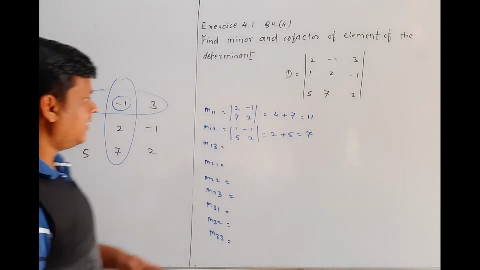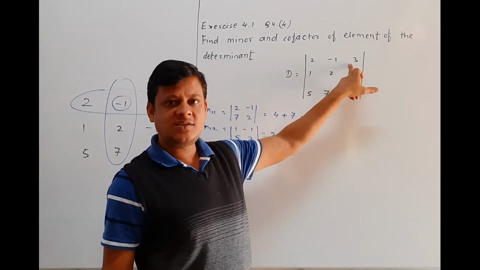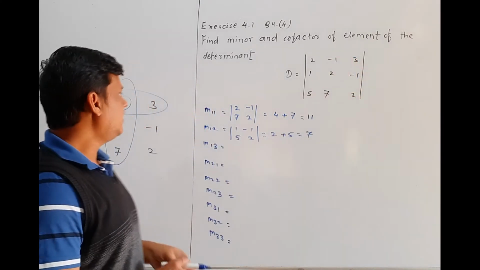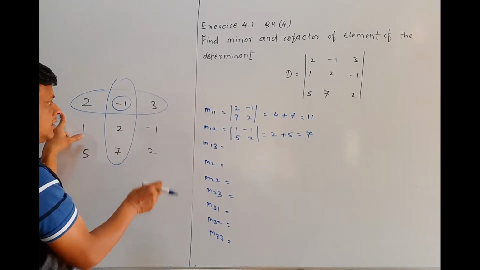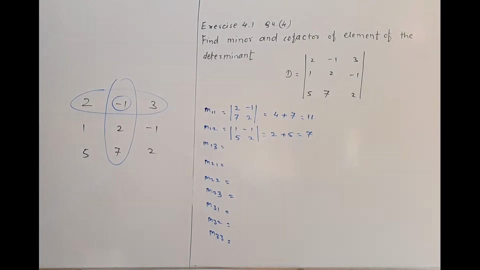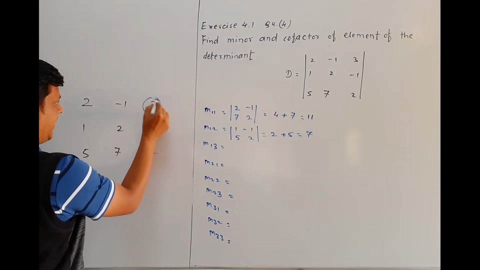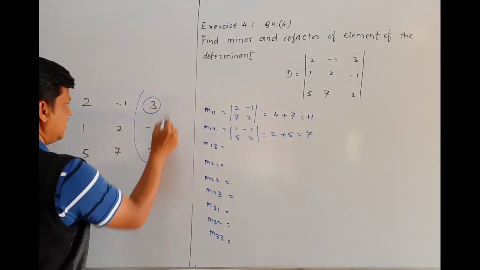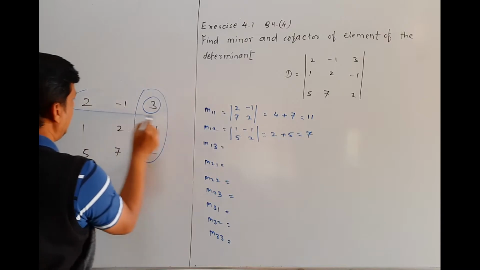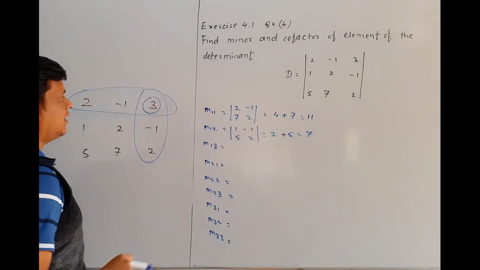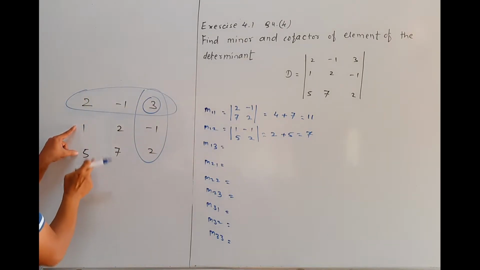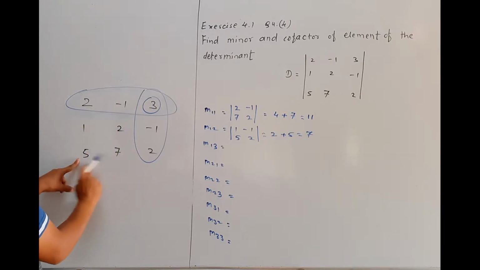Then we have to find minor of this 3, which lies in first row and third column. So for finding the minor of 3 we skip this third column and first row in which that 3 lies. So we have to find the determinant of this 1, 2, 5, 7.